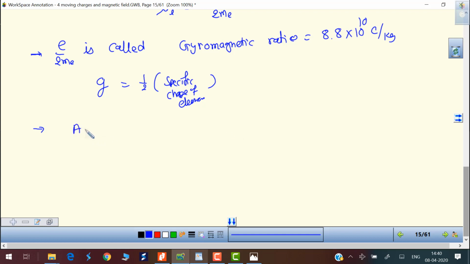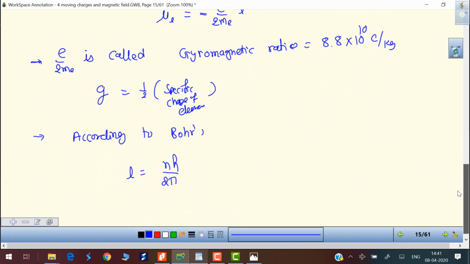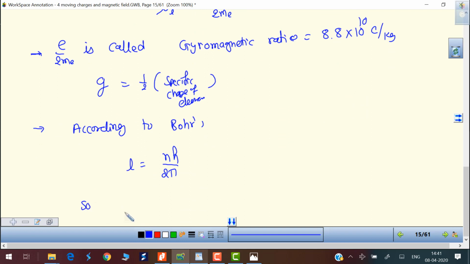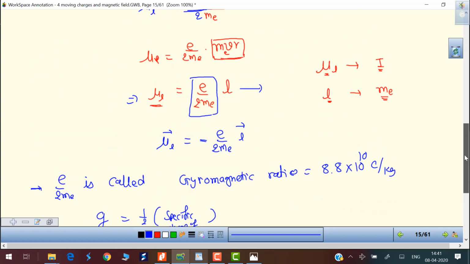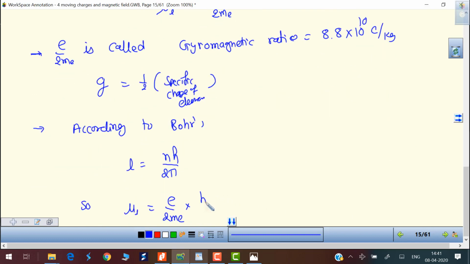According to Bohr, angular momentum L is equal to nh upon 2 pi. Now we use L over here. So mu L is equal to e upon 2me into L, and with L equal to nh upon 2 pi, we get h upon 2 pi, because we are talking about hydrogen, so n is equal to 1.